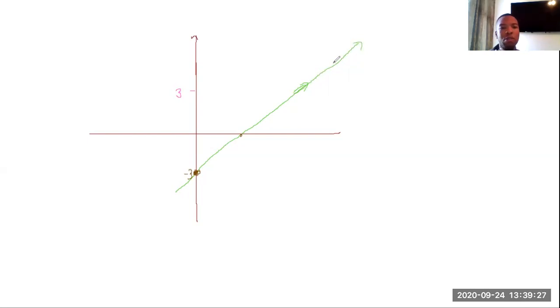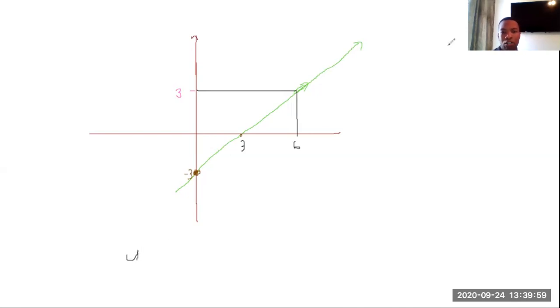From this graph, could you tell me if it's going to be positive or negative? Yep. I'm just gonna match up some points. Let's say this is 3, this is 6. From this graph, could you tell me what the y-intercept is?